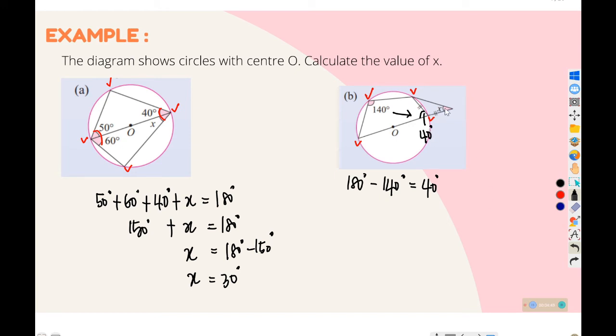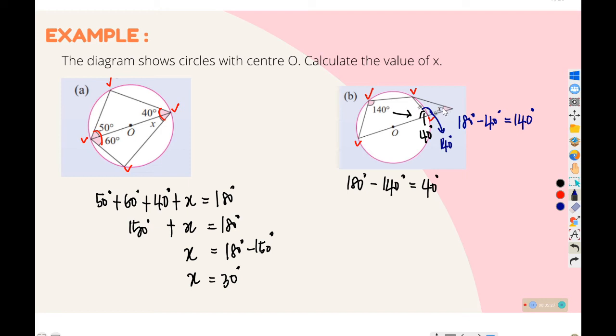Now we want to find X here. As you can see, this is a straight line, so you can find the angle beside the 40 degrees. This will be 180 minus 40, so you will get 140 degrees.